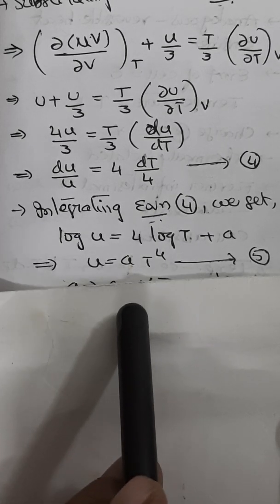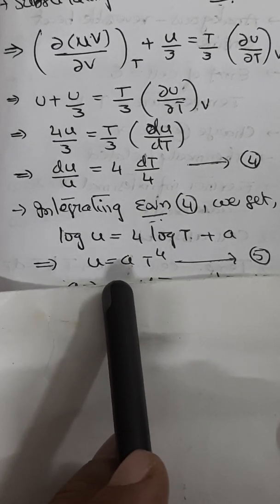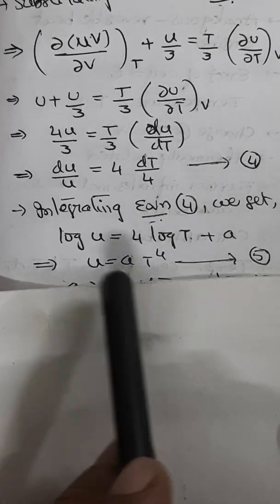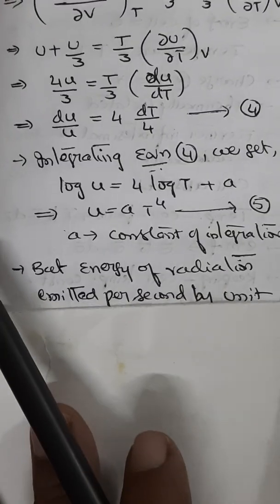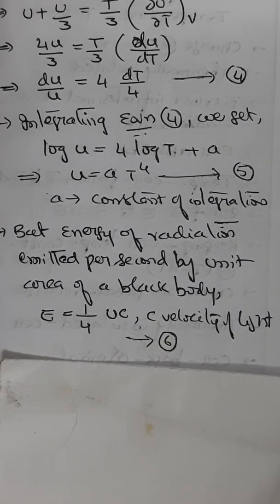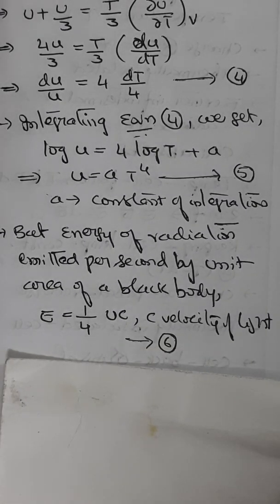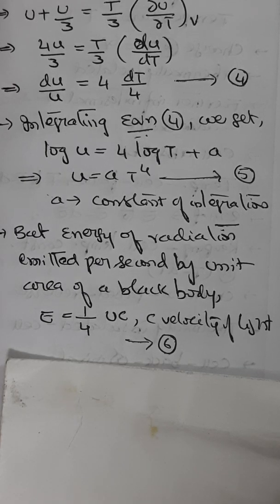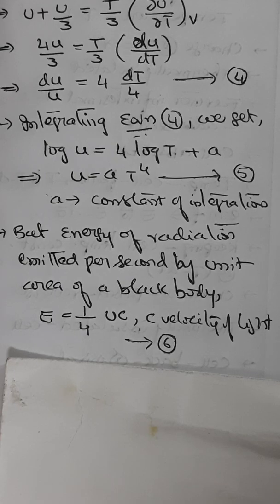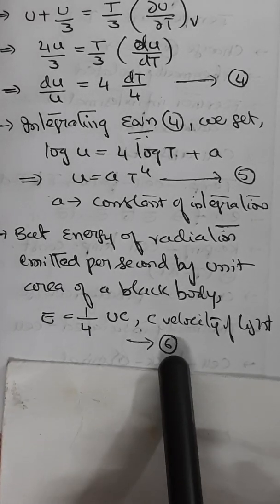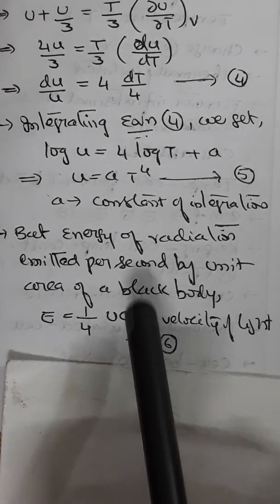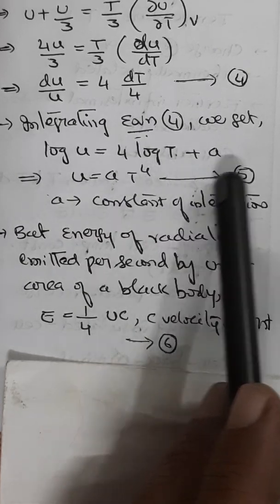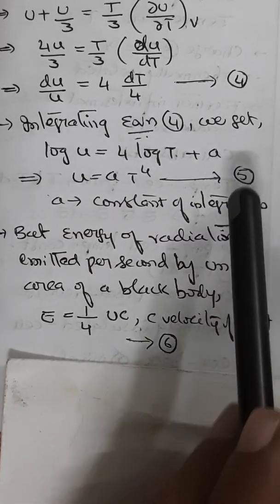So u equal to AT power 4, let it be equation 5. But the energy of radiation emitted per second by unit area of a black body, E, is given as E equal to 1/4 uc, where c is the velocity of light. Let this be equation 6.